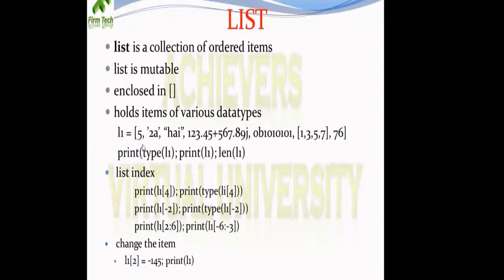Index number 2 corresponds to high: 0, 1, 2, high. So if you give this statement and again print the L1 list, you will get 5, 2a and -145 instead of high. This high will be replaced by -145. Let us demonstrate all these things.